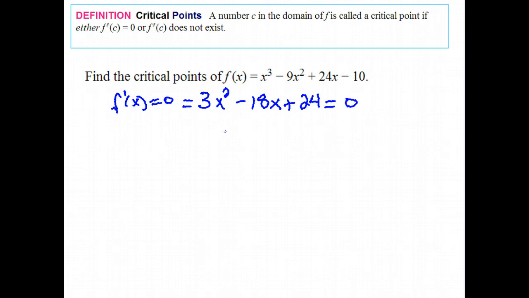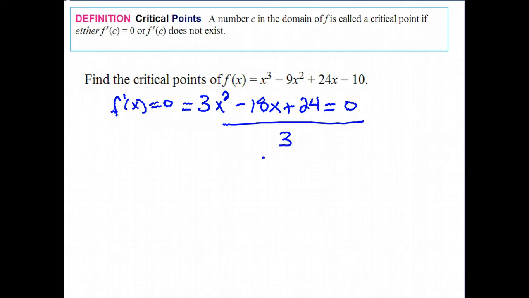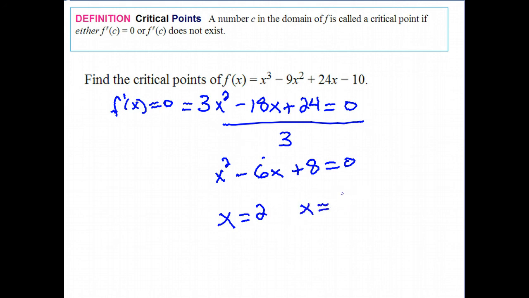And first, let's simplify the quadratic by dividing everything by 3. And when we do that, we end up getting x squared minus 6x plus 8 is equal to 0. And in solving this quadratic, we get x equal to 2 and x equal to 4. Okay? And so these are our two critical points.